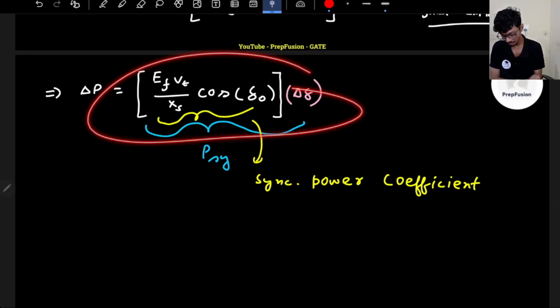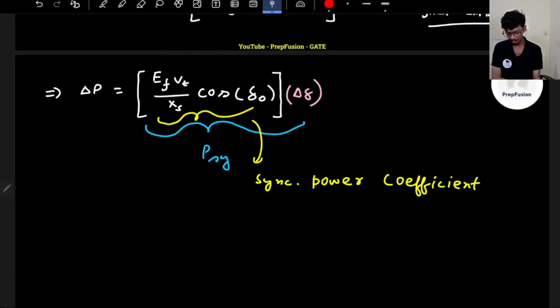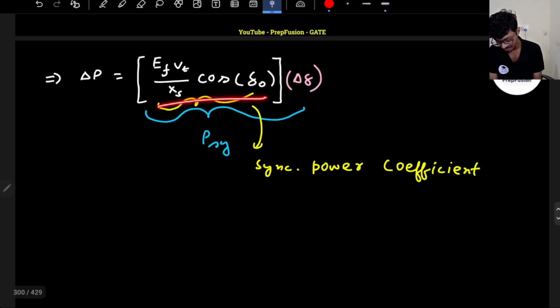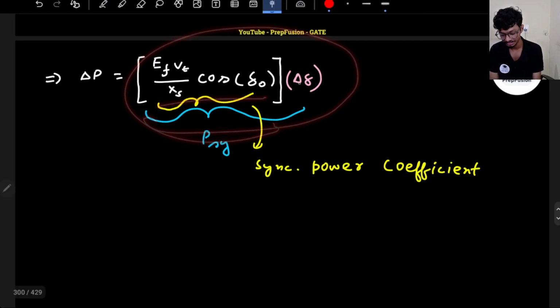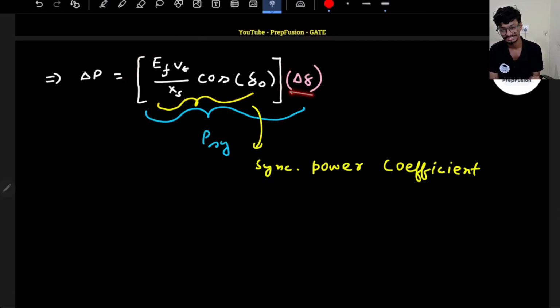That's it. Okay, so I hope you are able to understand. This is the coefficient. This is the amount of power that needs to be generated with respect to this change in delta.